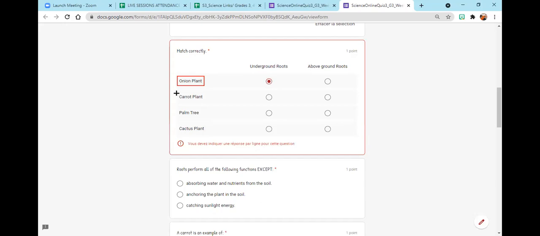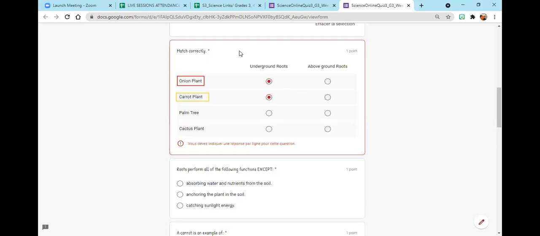What about carrots, the carrots that we eat? Do they have underground roots or above ground roots? Underground. Yes, the carrot that we eat is a root and grows under the ground.